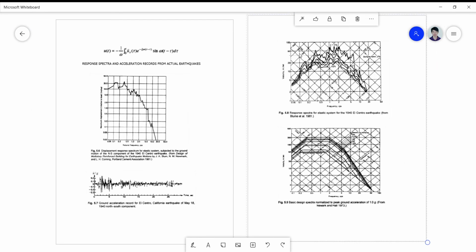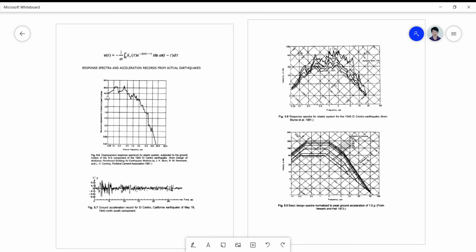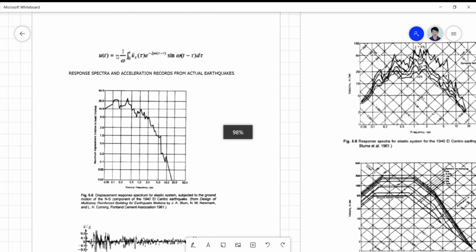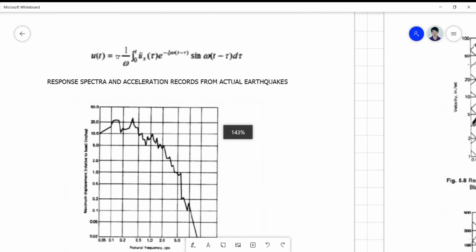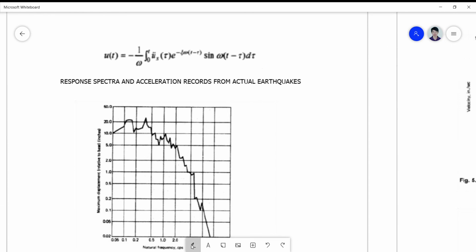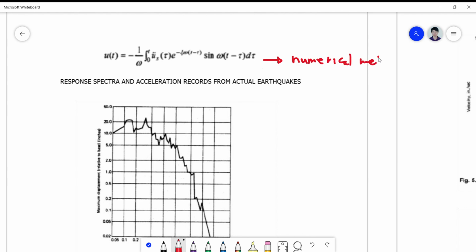For the Duhamel integral, all you need to do is to solve this numerically, if in case no solution can be obtained from an exact analytical derivation. So you can solve this using numerical methods.